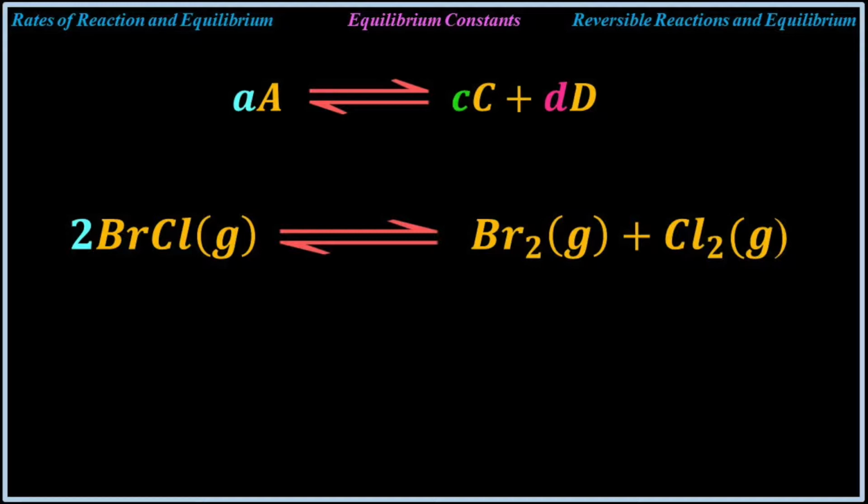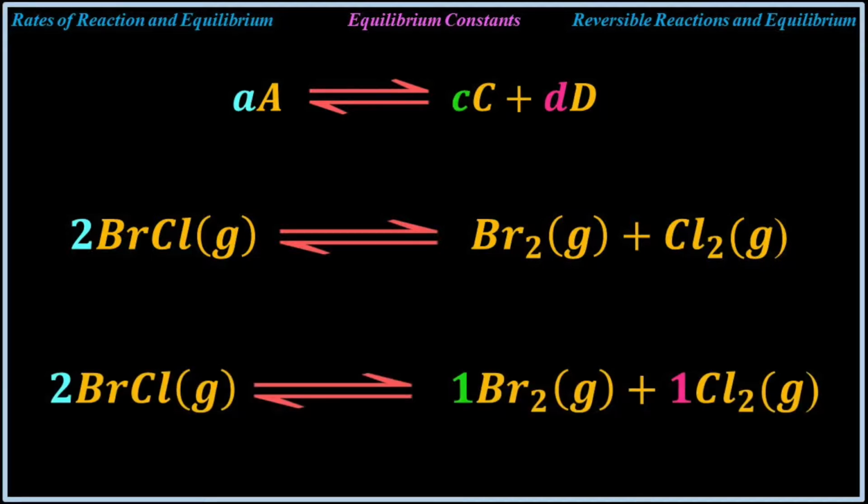And so what you want to do is say, right, the coefficients of bromine chloride is 2, and that goes up with A above, and then 1 bromine and 1 chlorine.